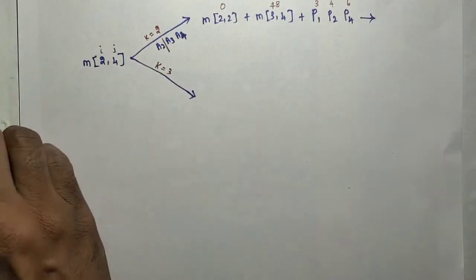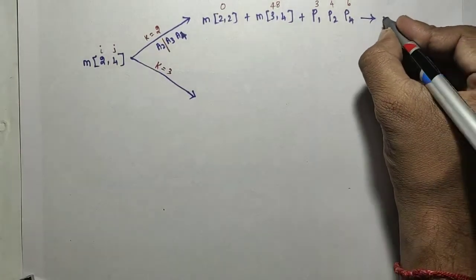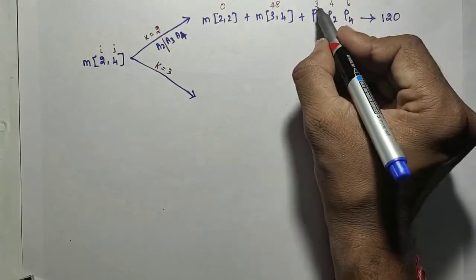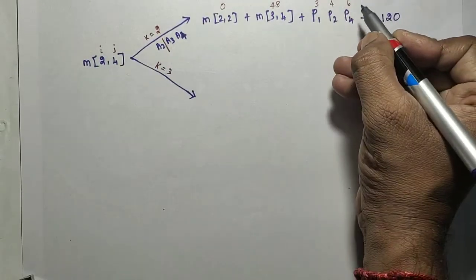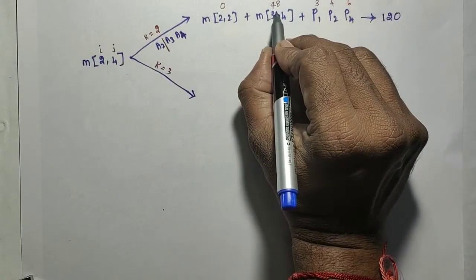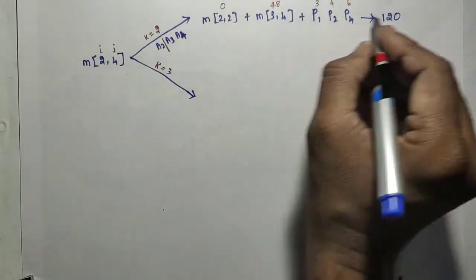So the answer will be 0 plus 3 into 4 into 6, which is 72. 72 plus 48 is 120. Okay, so that is one option.